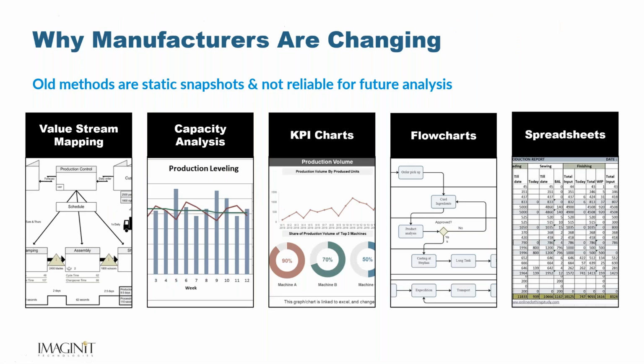So manufacturers are changing the way they leverage different tools, looking at not just current state information but doing more data analysis, leveraging the data they have so they can not just have a snapshot of a process like a value stream map, but project what's going to happen in the future. This is how a lot of organizations are doing analysis now.